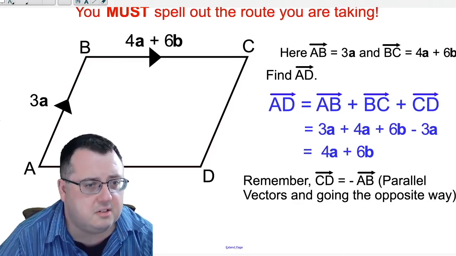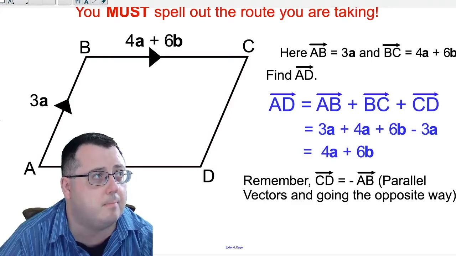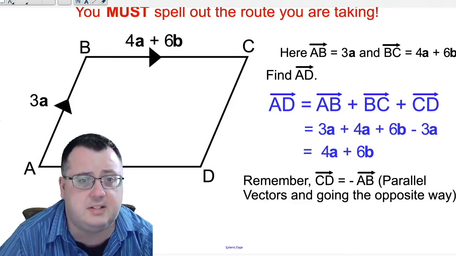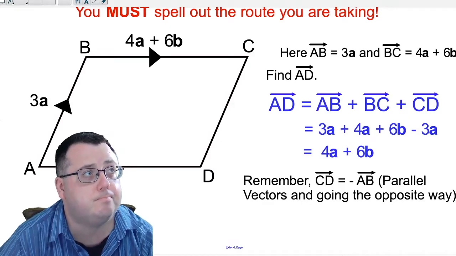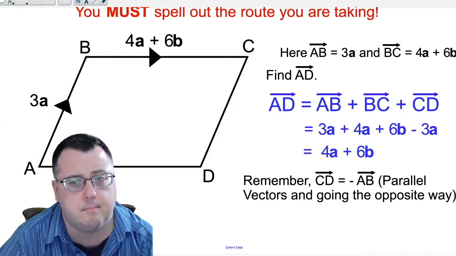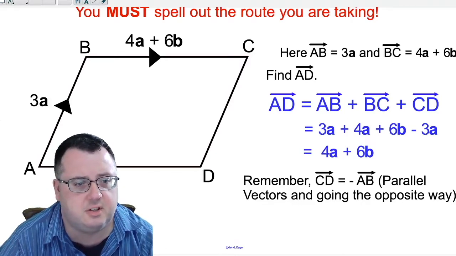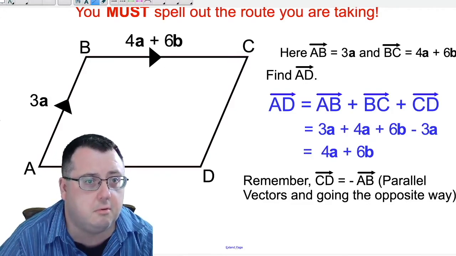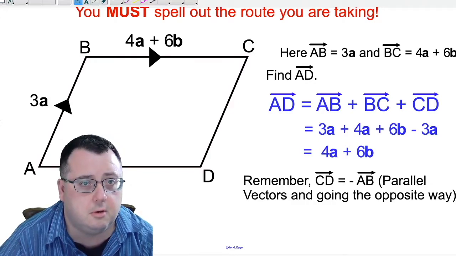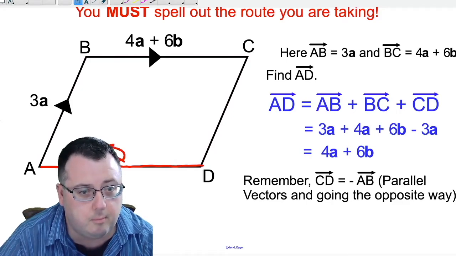It's got A to B defined as 3a, and B to C defined as 4a plus 6b. Find the distance AD. So if I wanted to go from A to D, you're going along this line here. That's the question. That's what we want.